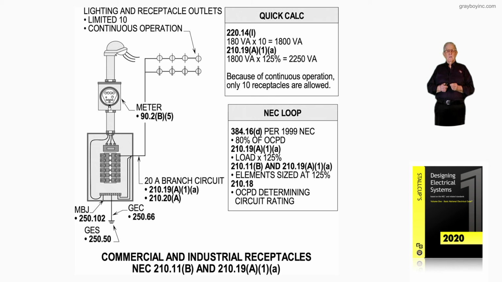So this illustration then is also showing that the overcurrent device at 20 amps was calculated at 125% for continuous duty in accordance with 210.19(A)(1)(a) to derive derating it 80% and in accordance with 210.20(A).